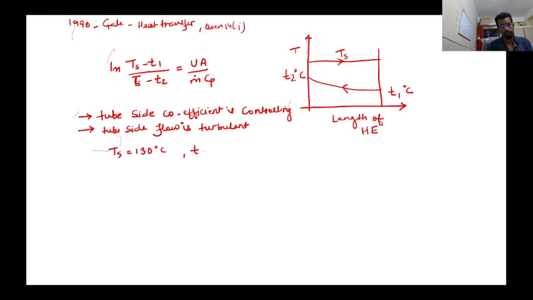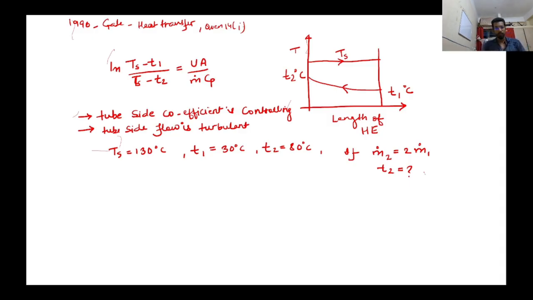Then we have T1 as 30 degrees Celsius. Then we have T2, that is 80 degrees Celsius. And it is saying in the question that the mass flow rate in the second condition is twice the mass flow rate used in the first condition, then find the value of T2.